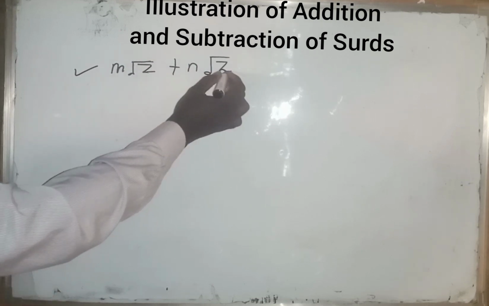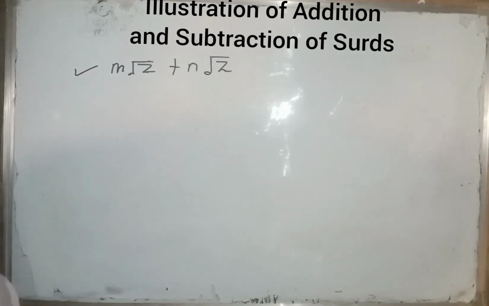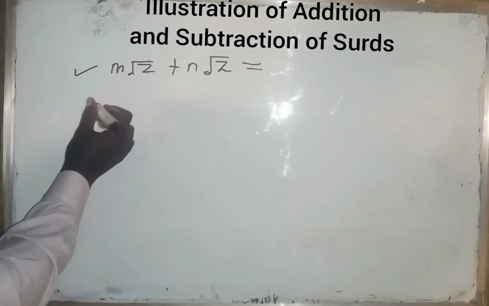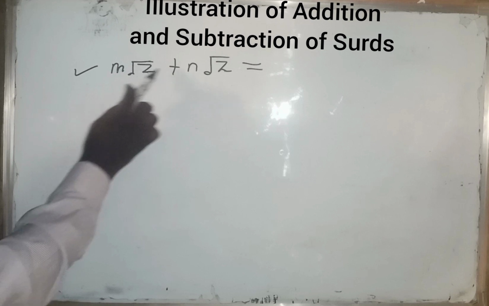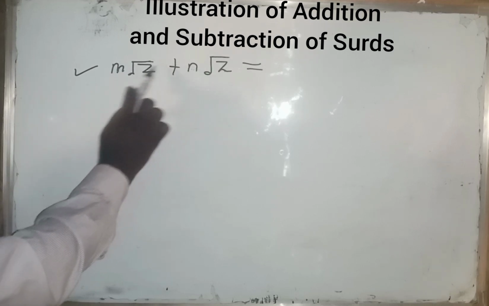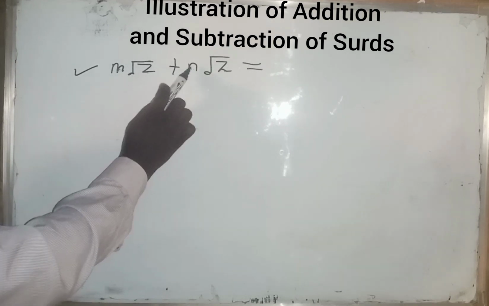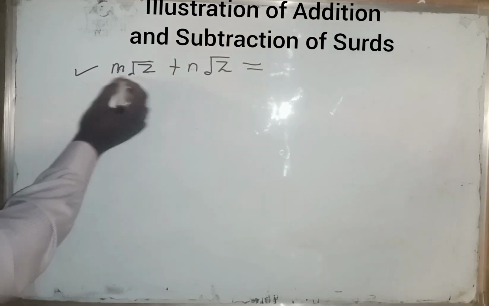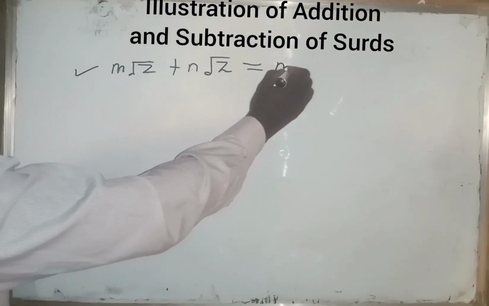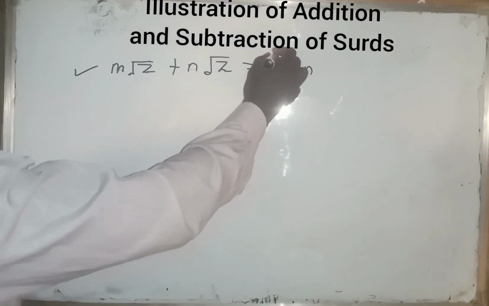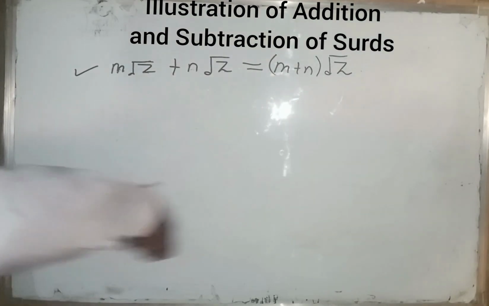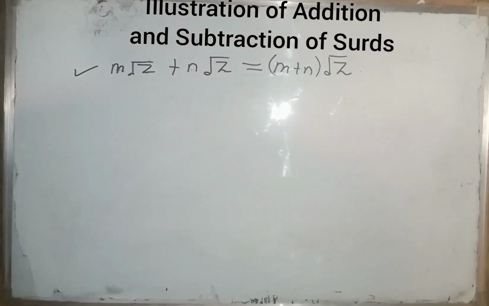So root z, root z. That means that the surds are in the same form, and we can add them, and we can equally subtract them. To add these two surds, you add the numbers outside the root, and then you take one of the roots. So to add this, you have m plus n root z, as if you are going to factorize the expression.